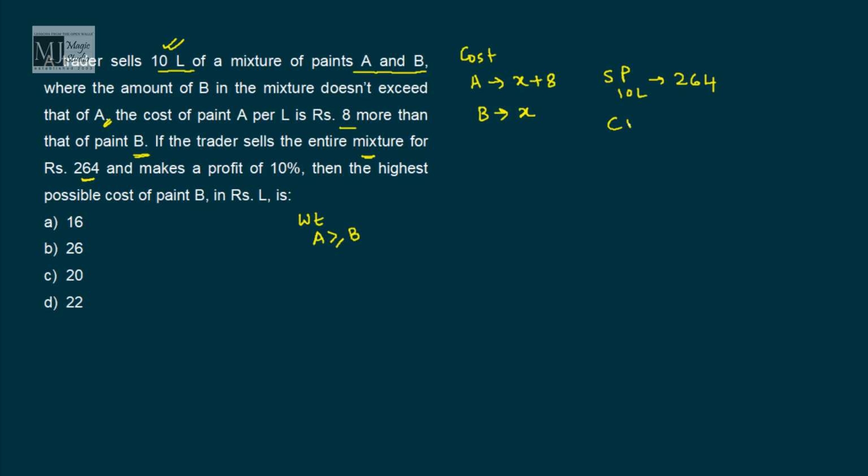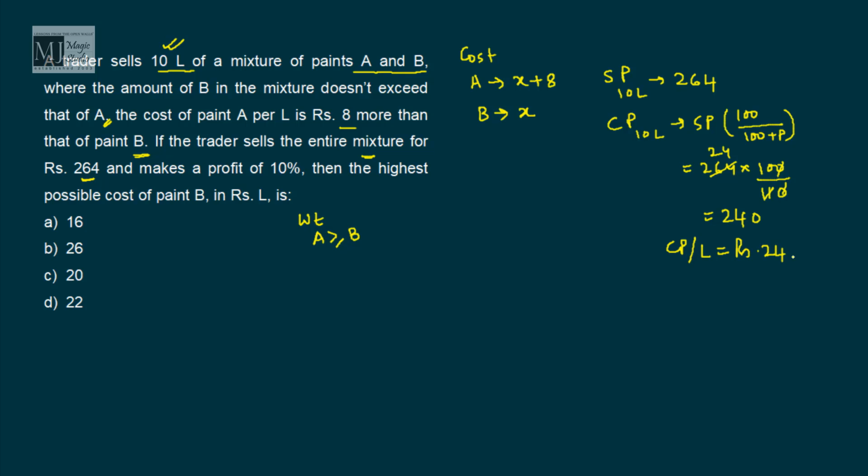So the cost price of 10 liters would be SP into 100 upon 100 plus P, that is 264 into 100 by 110, which is 240. So the cost price of the entire mixture is 240, and the cost price per liter is rupees 24.